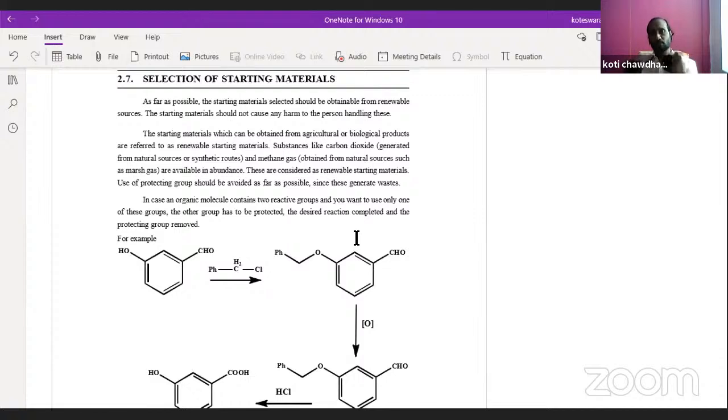Then slowly we convert it into our desired product. That is the important thing for the selection of the starting material.